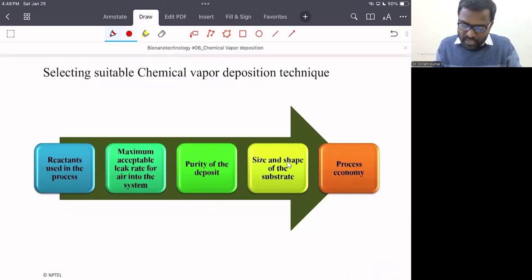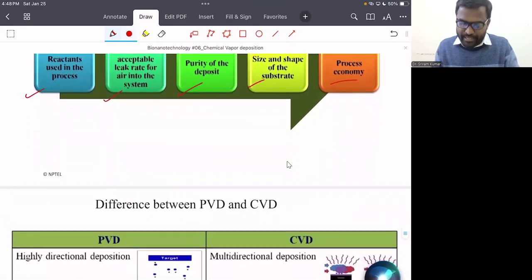Based on these 5 points, we can choose our desired and the best possible chemical vapor deposition technique. It depends on the reactants used in the process, maximum acceptance leak rate for air into the system, purity of the deposit, size and shape of the substrate, and the process economy. So these are the parameters on which we can choose the best CVD technique for our application.